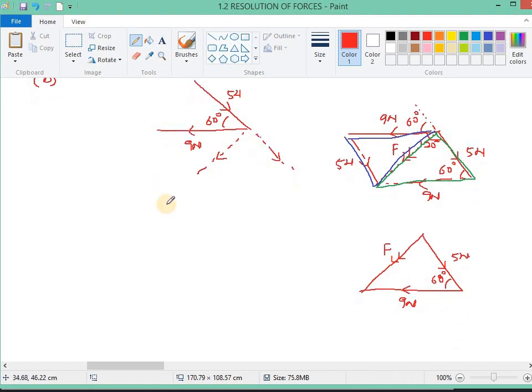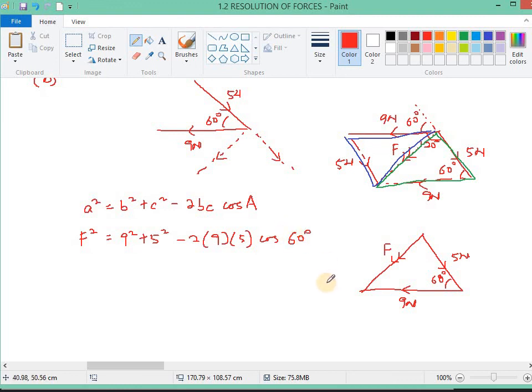Again, we can use the cos rule: a square equals b square plus c square minus 2bc cos A. So this a is the force, F square equals 9 square plus 5 square minus 2 times 9 times 5 cos A, where the angle A will be 60 degree.